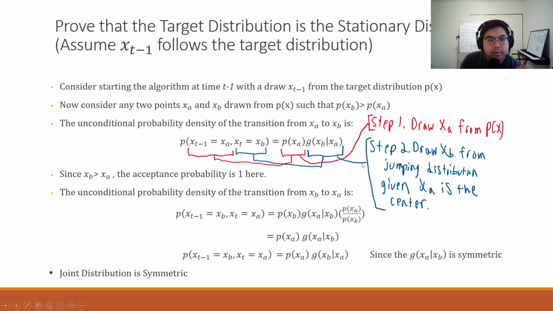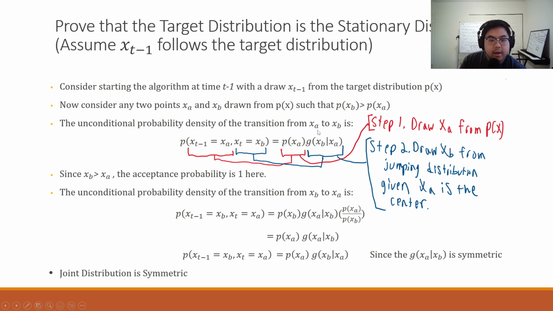Okay, so let's prove that the target distribution is a stationary distribution. Now, I will admit, I have this later in the next slide. This proof assumes that we're starting at the target distribution, and we're proving that the next iteration is also from the target distribution by the symmetric joint distributions. So consider the transition density function, like I said. It looks like this. Let's assume that there are two possible outcomes of this Metropolis algorithm.